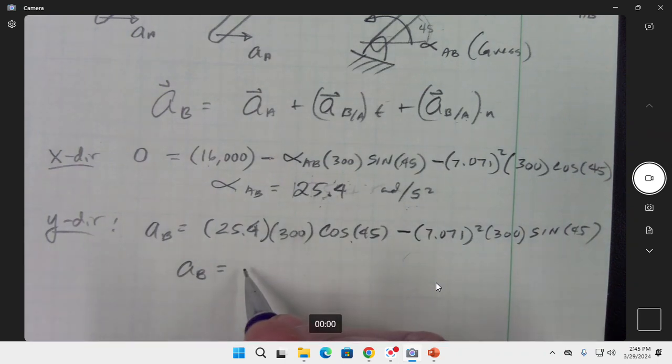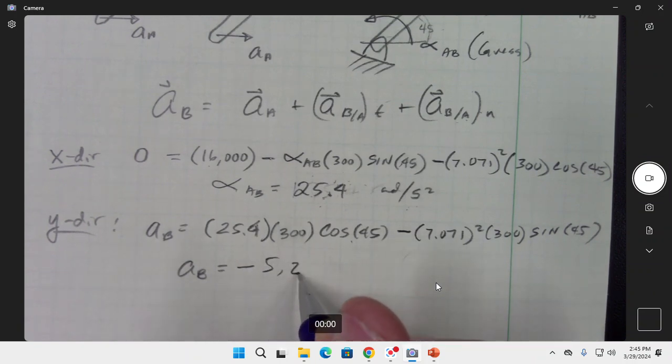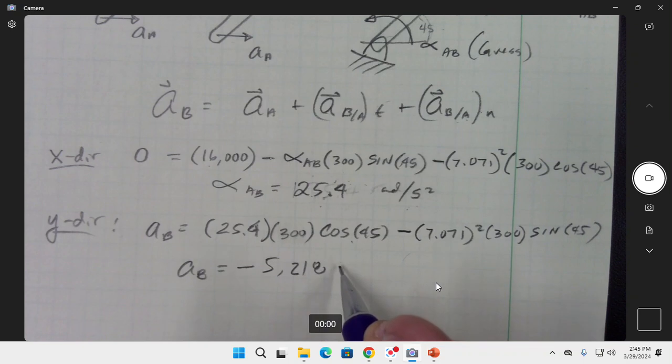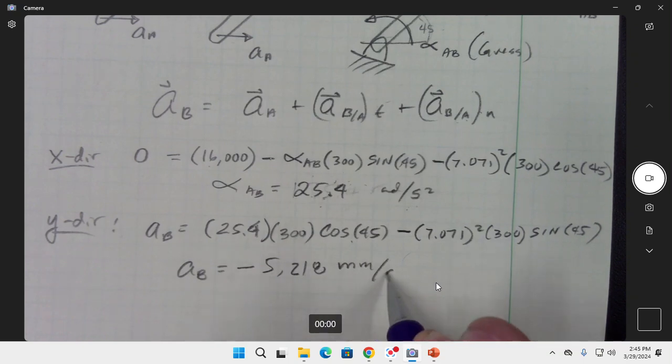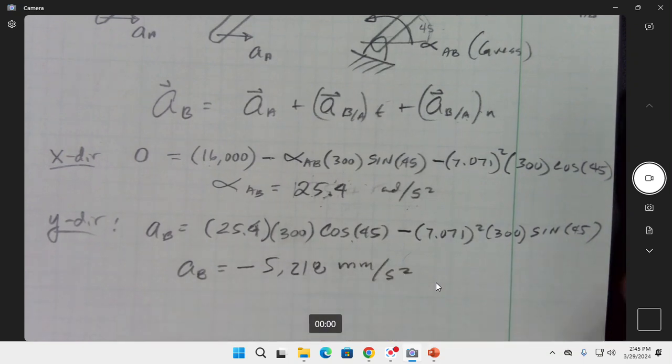And so interesting, I got a negative number. Did you get a negative? Interesting. That always puzzles me, where it looks like it's not possible that you would be accelerating to the right at the bottom, but this one's slowing down. But I guess that makes sense.